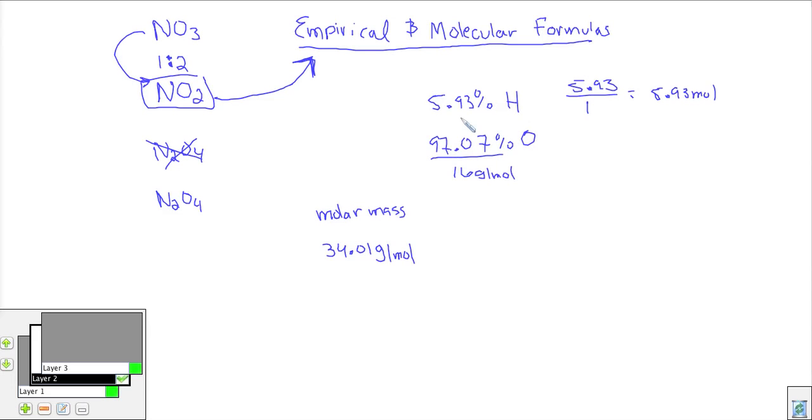So I'm going to divide 97.07 by 16, and I'm going to get 6.06. And so when you're comparing these two now, you say 5.9 to 6.06. It's a little bit off, but it's close enough to say that this is a 1-to-1 ratio.